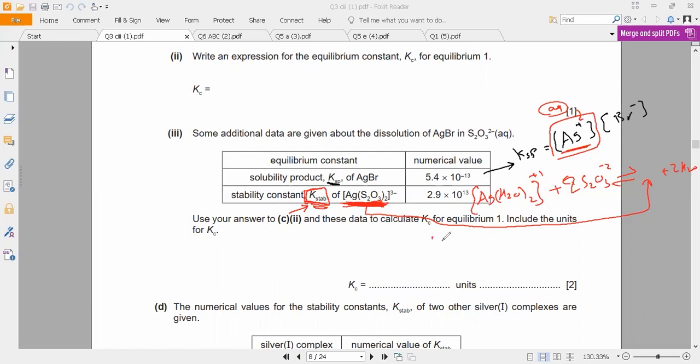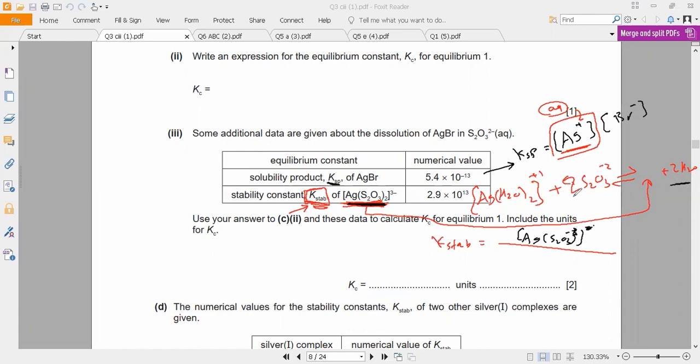Right. Now we need to write the Kstab expression. So how do we write the Kstab expression? We will say this complex, Ag(S2O3)2 3-, which is the product.